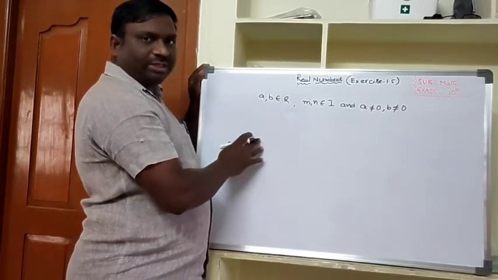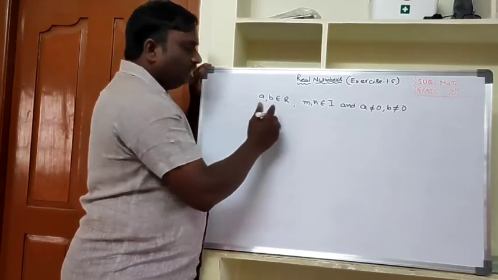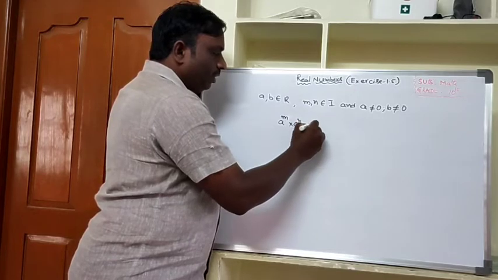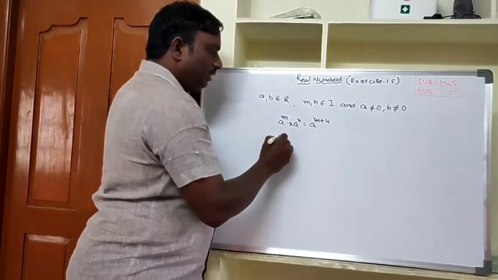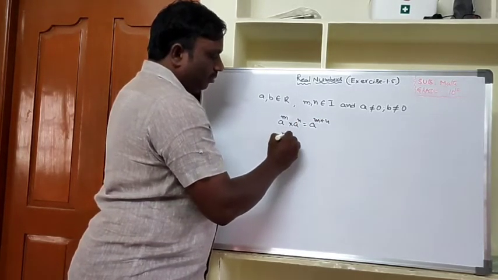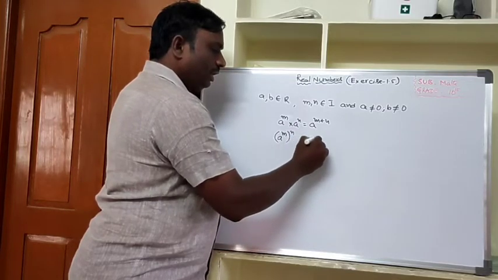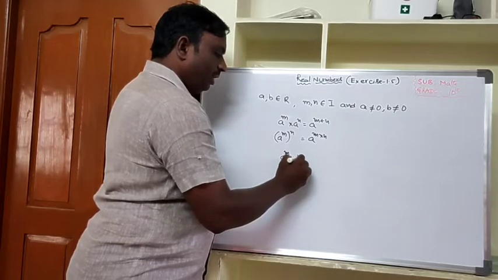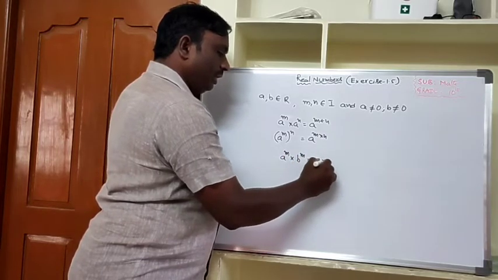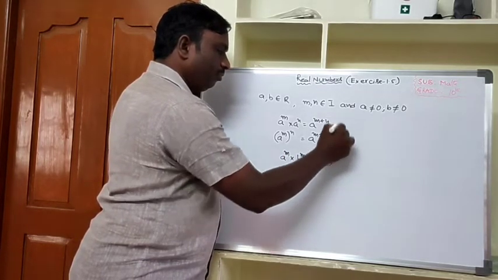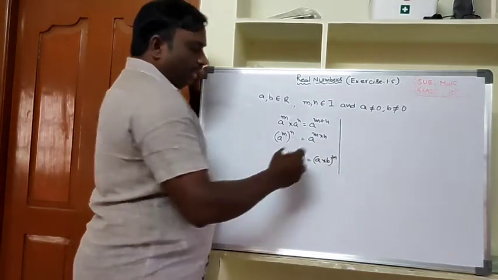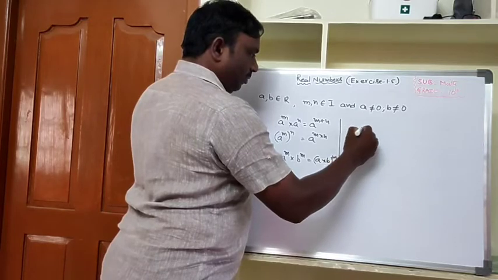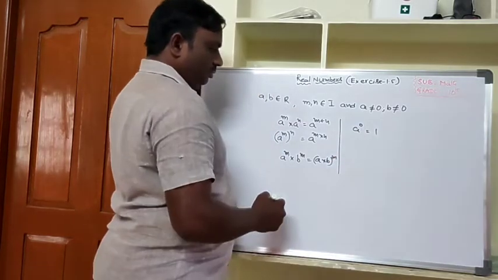Already we have learned them in 7th, 8th and 9th classes. a power m into a power n equals a power m plus n; a power m whole power n equals a power m into n; a power m into b power m equals (a into b) whole power m. Next, a power 0 equals 1.